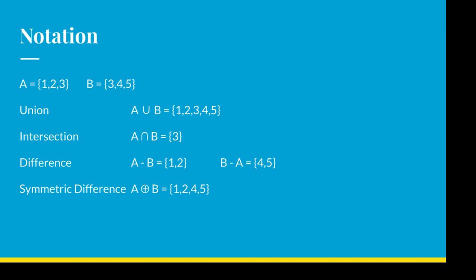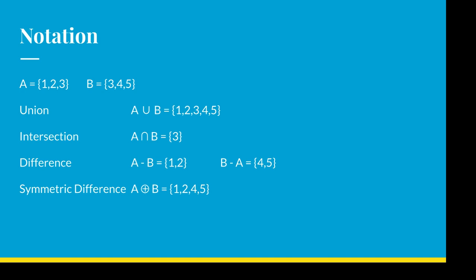The differences. If we look at the difference with A listed first, then we have 1 and 2 because 3 belongs to B. So we don't include that in the difference. And the difference with B listed first, the difference between B and A, is 4 and 5 because 3 is included in A. So we don't include that in that difference.